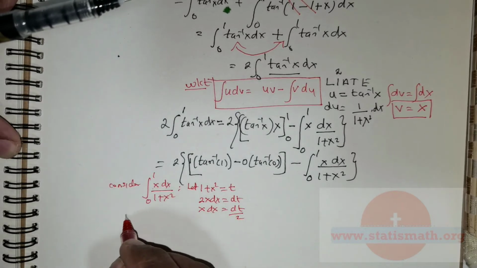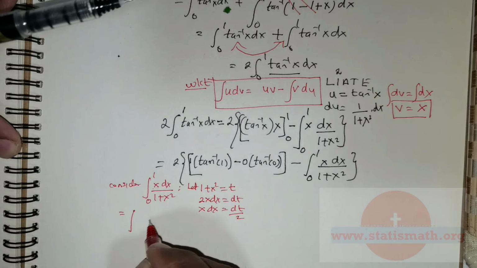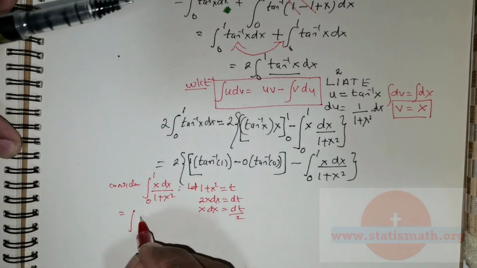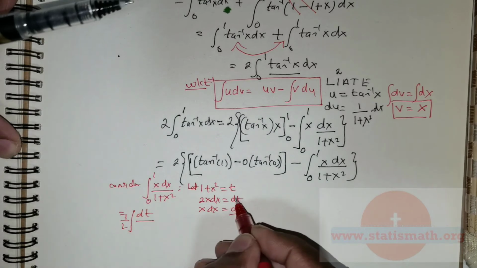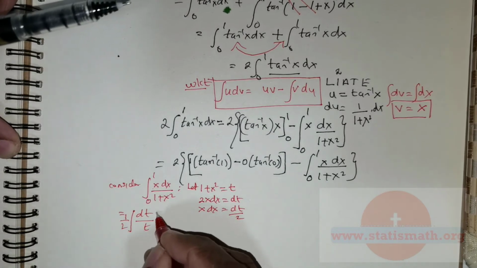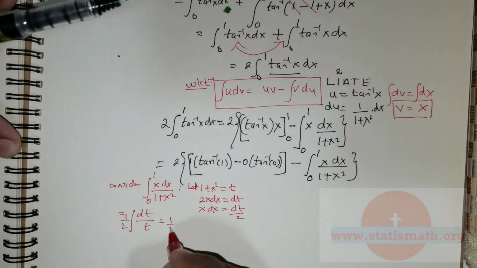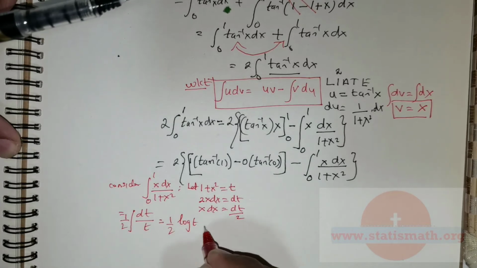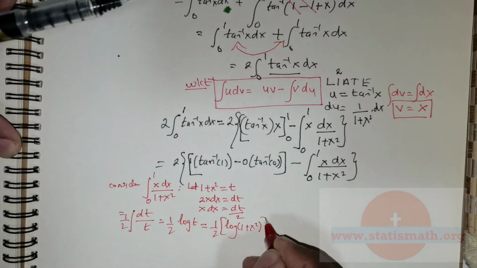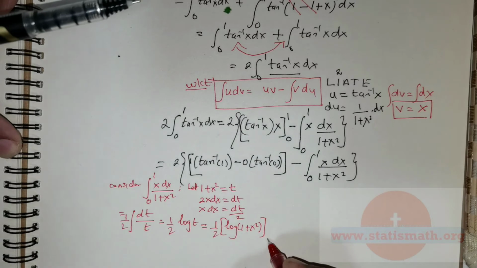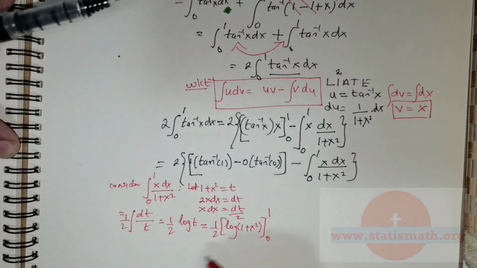Substituting here, in place of x dx put dt divided by 2, and in place of 1 plus x squared put t. We know the integral of dt over t is log t. So this is equal to 1 over 2 times log of t, which is 1 plus x squared. I have not touched the limits, so the limits are retained for the variable x.